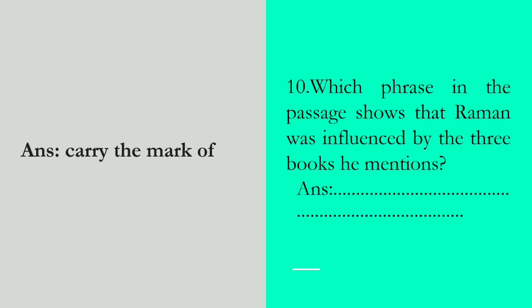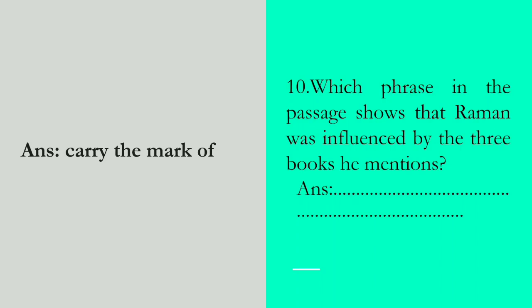Now coming to the last question, which phrase in the passage shows that Raman was influenced by the 3 books he mentions? When in the last line, you can see, a study of his manner of working, the problems he chose to work on, and the nature of the solutions he discovered does appear to carry the mark of these great minds.